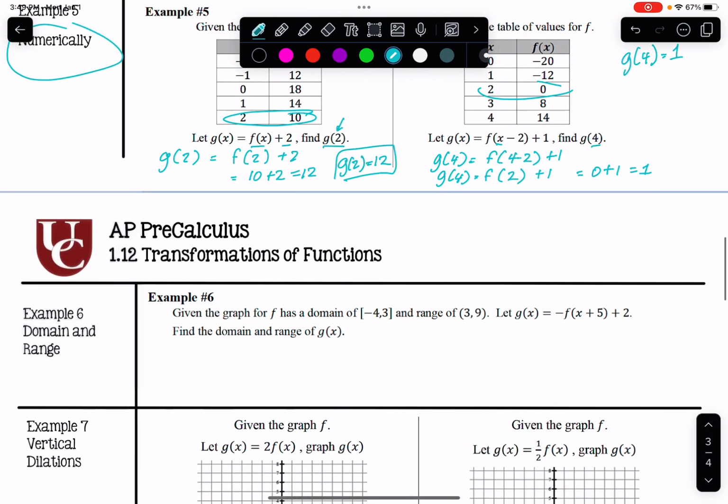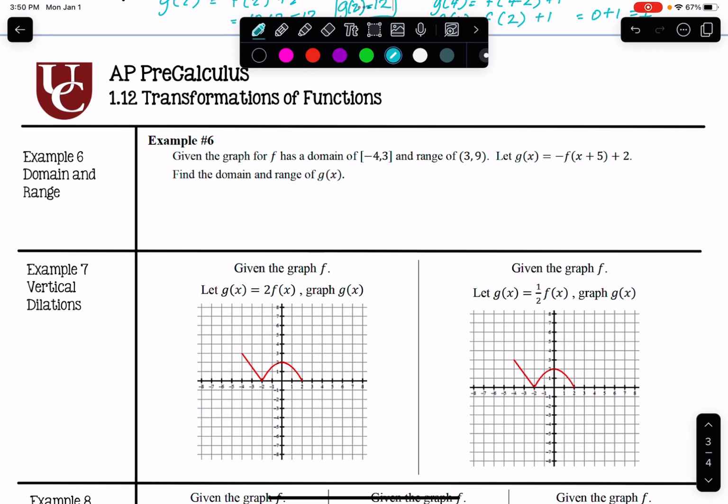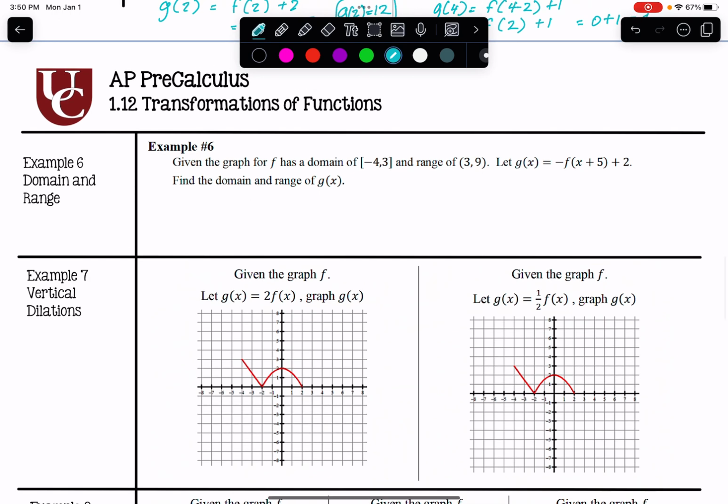Now another thing it might ask you about is the domain and the range given some sort of transformations. So if you look at example 6, we have a function that originally had a domain of negative 4 to 3 inclusive, and a range of 3 to 9, not including 3 and 9.